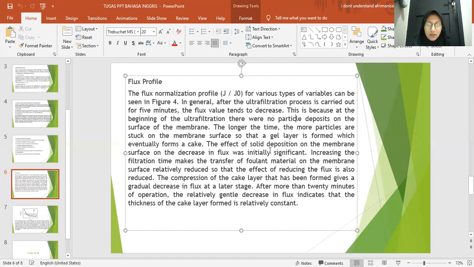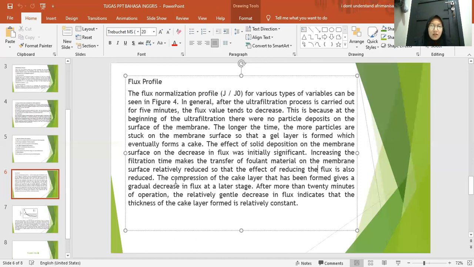The effect of solid deposition on the membrane surface on the flux decline was initially significant. Increasing the filtration time makes the transfer of pollutant material to the membrane surface relatively reduced, so that the effect of reducing the flux is also reduced.